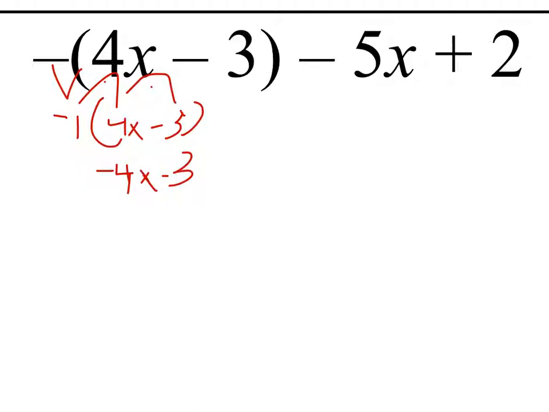So now that we're done with these, you go down and you write it out again, 5x plus 2.